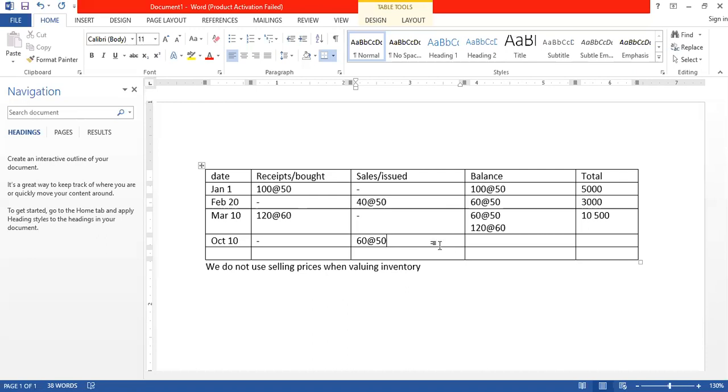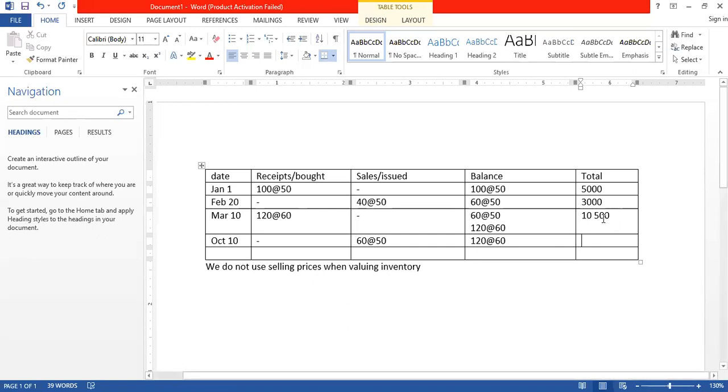So what will be your new balance? Now that you sold out this 60 already, our remaining balance will only be 120 at the price of $60. I hope we all understand. And then our new, just hold on, 120 times 60.